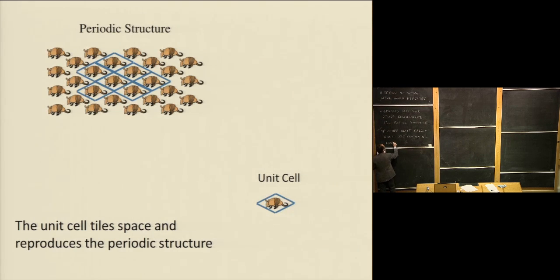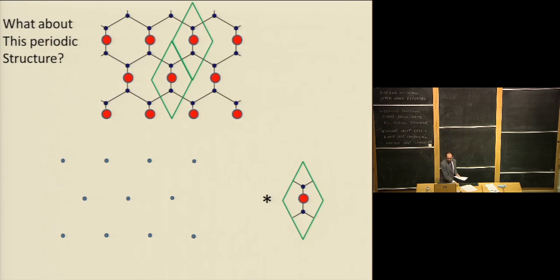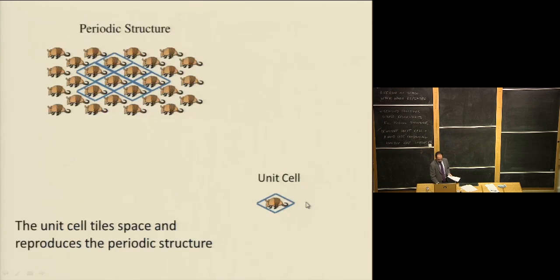Exactly one lattice point. So, for example, in this picture, this would be a primitive unit cell because it contains one big red dot, and that's the lattice point. And okay, we can't see the lattice points in here, but if you remember where they were in those blue pictures, the armadillo is sitting on top of the lattice point, so each unit cell contains exactly one lattice point.